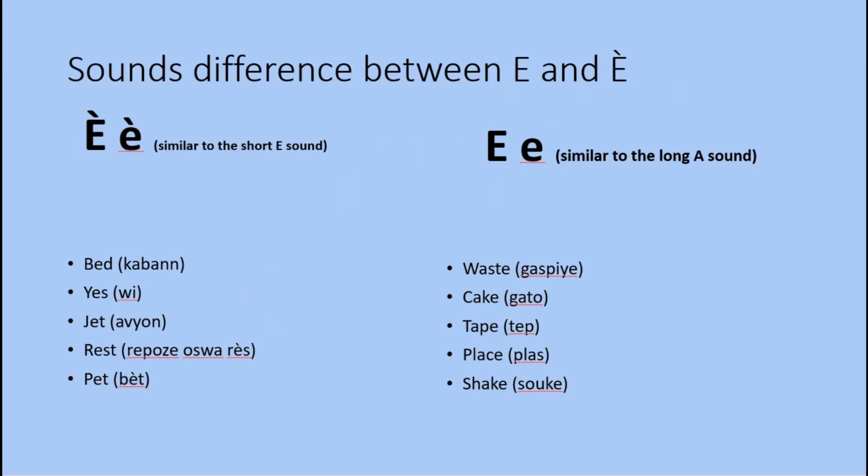So here are the differences when it comes to sounds for the letter E, when the letter has an accent, the Aksan Fòs on top of the E, or when it doesn't have it. So pay attention to the accent on the E. This is another mistake that certain people make. The accent is facing backward, not forward, okay?